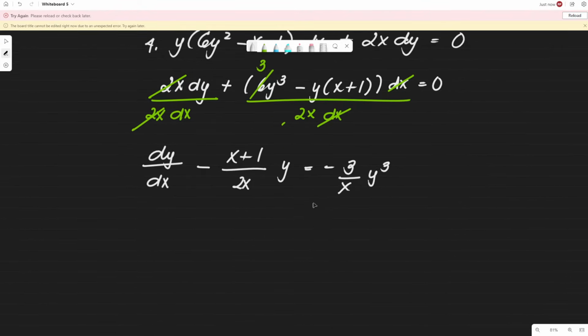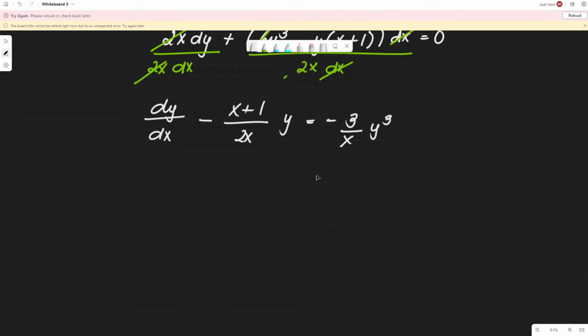So we have easily identified what our q of x, our p of x, and our n are.